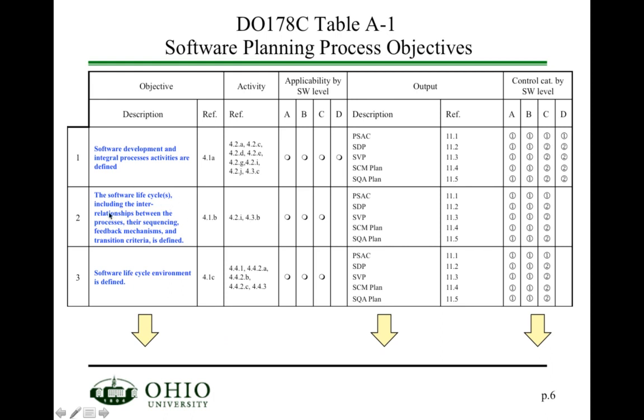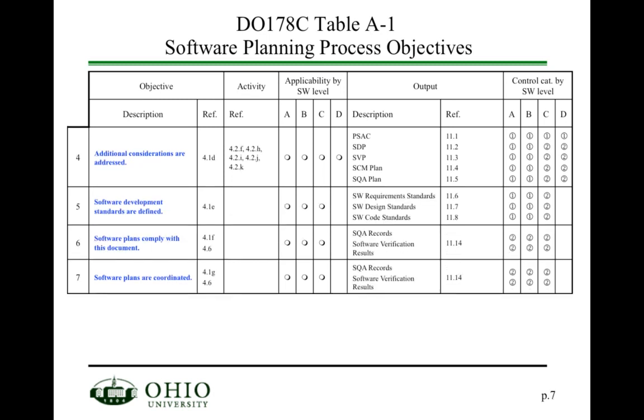Of course, you also want to develop the interrelationship between all these processes, their sequencing, and as a result also the transition criteria. You need to define those in your plans, and also your environment. What tools are you going to use during these software life cycles?